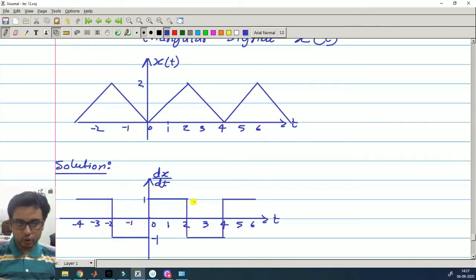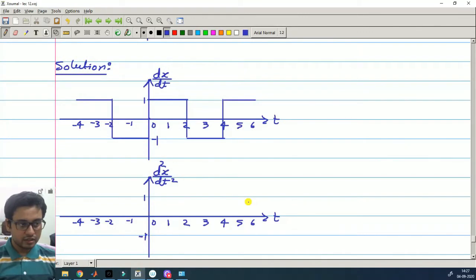Now this is a square wave, and we know already how to find the Fourier coefficients for such a square wave, but this time we will do it differently. We will calculate the time derivative of this signal first. So we will calculate the second derivative of x, and as you can see here the signal is constant, so the derivative will be 0. Here again constant, derivative 0, again 0 here.